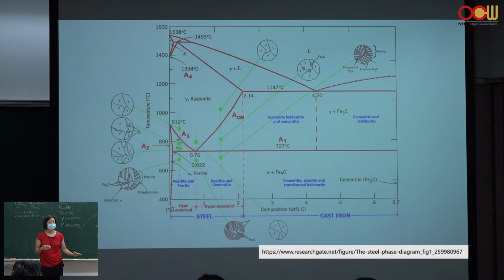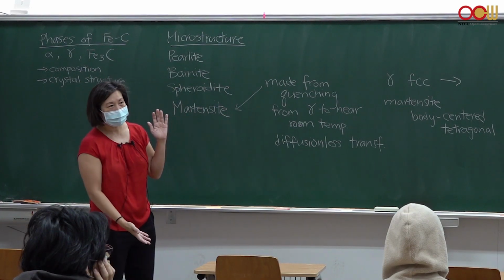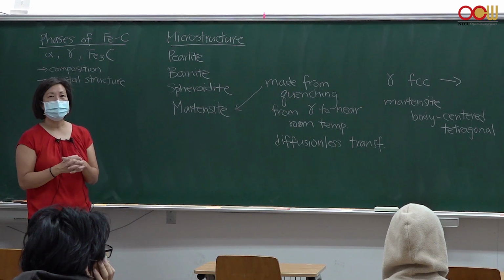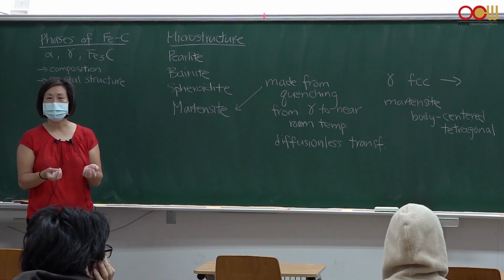You lower the temperature, and austenite is no longer stable below 727 degrees C. Normally, because it's not stable, it would go through phase transformation. Nuclei of ferrite would form, and then those nuclei would grow until the entire material is ferrite. You bring the temperature down so fast to room temperature that you don't give it time or the energy to form the nucleus or to grow the ferrite phase.